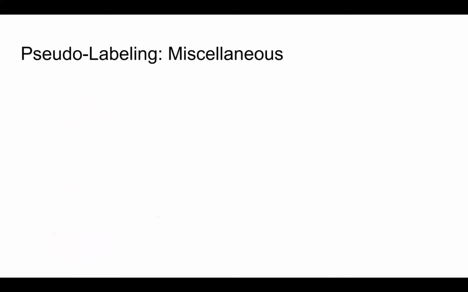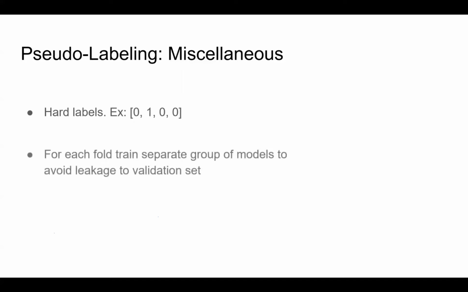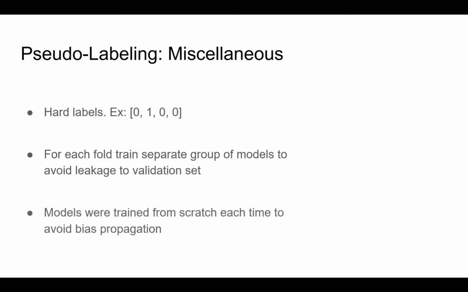Here are other minor details of our pseudo-label training. Firstly, we used hard labels, which is simply an argmax over the predictions. We wanted to try training on soft labels, which are raw softmaxed logits from the model, but we didn't have time for experiments. Secondly, no ensembling over different folds is allowed, since this would lead to leakage and our validation scheme would be compromised.